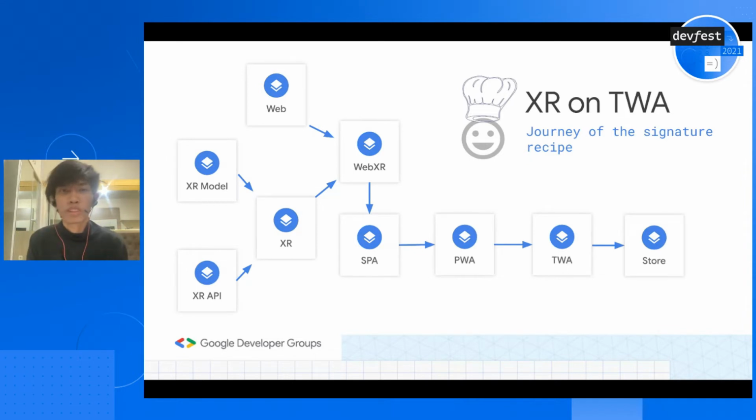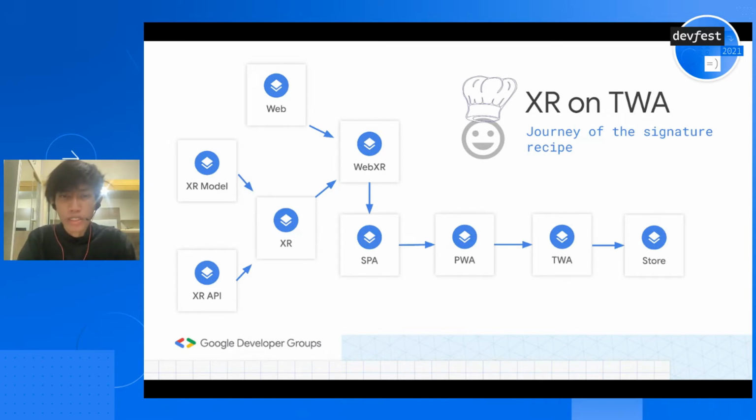First of all, I will describe what XR is. XR means extended reality, the combination of AR and VR, augmented reality and virtual reality. So here, we bring XR into the web, or TWA, or maybe some people call that WebXR.